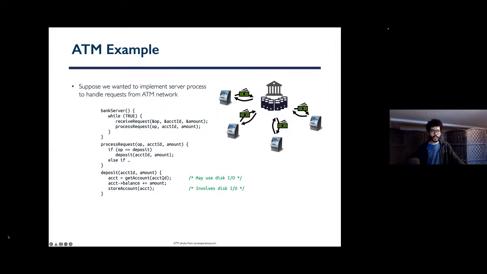You're reading from your database to load that account. Then you look at the balance of that account, and then you deposit that amount. And then you finally store that account back to your database. This is a very simple operation so far. And as you can see, everything here is sequential, so we're processing one request at a time.